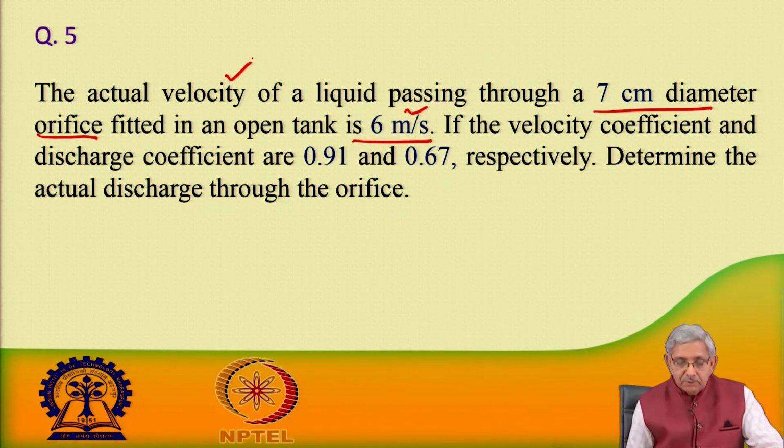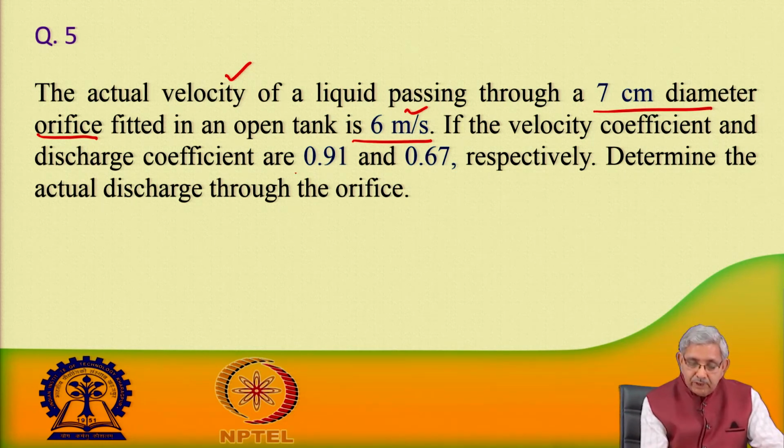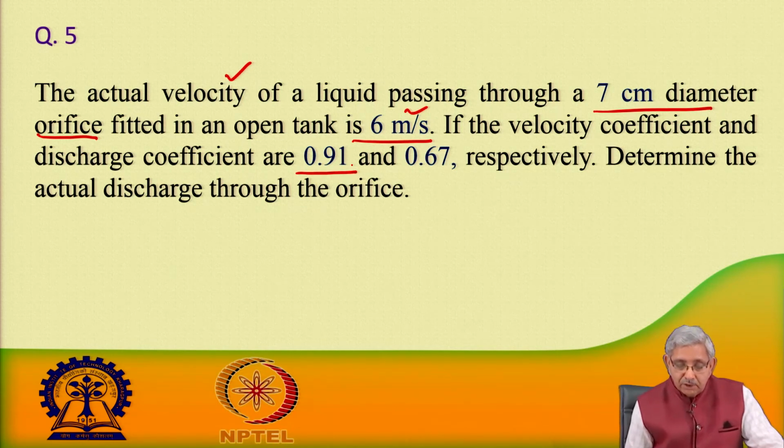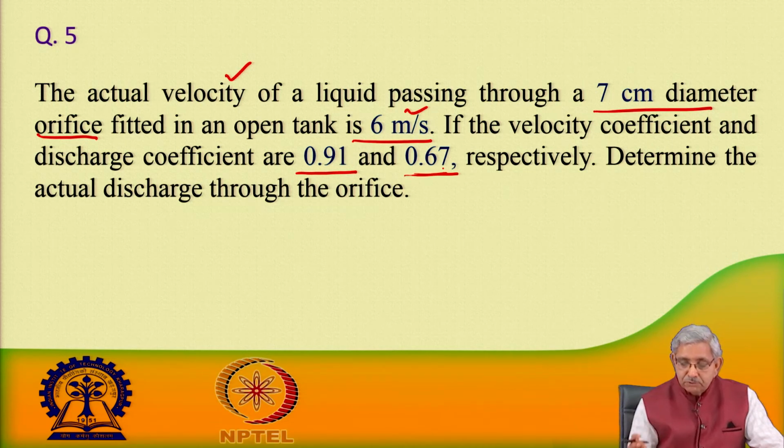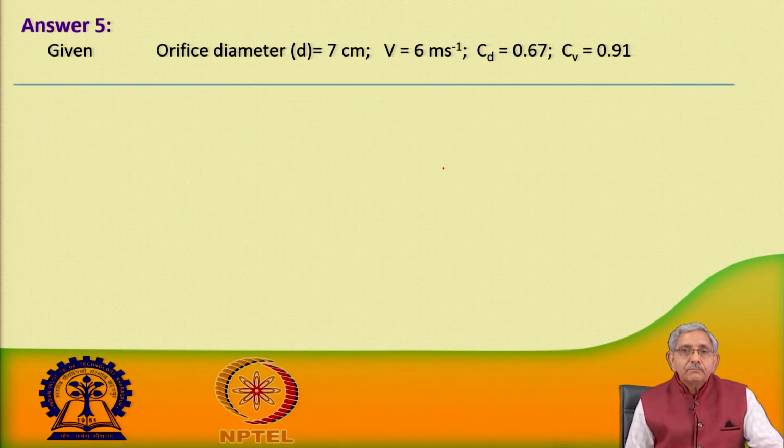The velocity of flow is 6 meter per second. The velocity coefficient C V is given as 0.91 and the discharge coefficient for this orifice is 0.67. We are required to find out the actual discharge through the orifice.